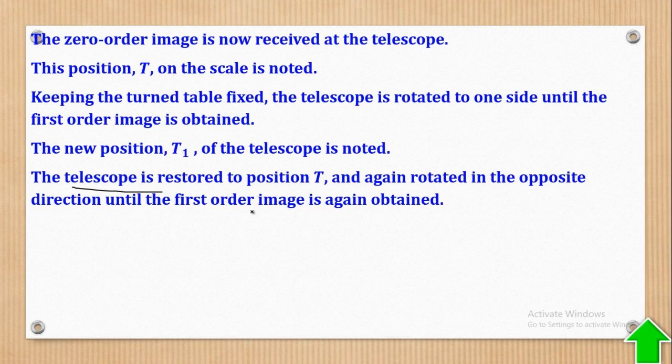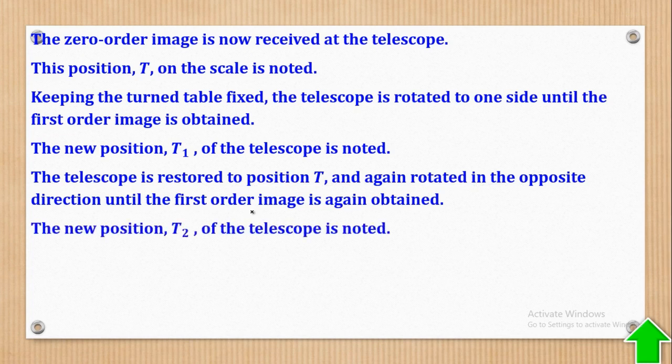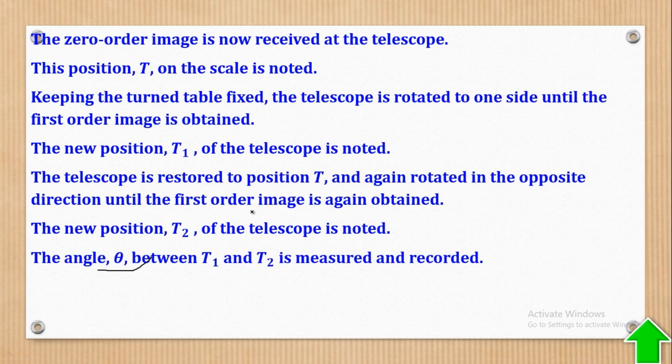The telescope is restored to position T and again rotated in the opposite direction until the first order image is again obtained. The new position T2 of the telescope is noted. The angle theta between T1 and T2 is measured and recorded.